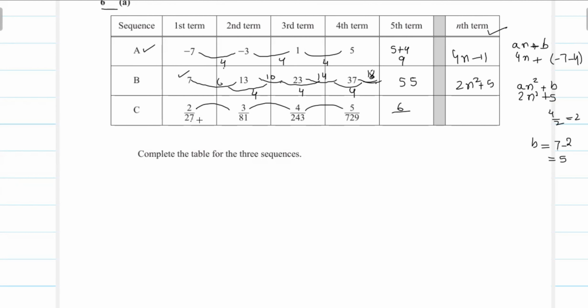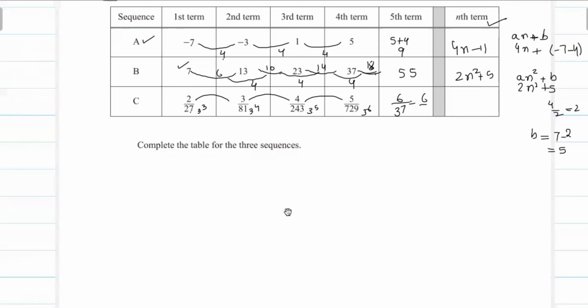Therefore, this is 3 cube, and this is 3 power 4, and this is 3 power 5, this is 3 power 6, and this will be equal to 3 power 7. Therefore, this value will be equal to 6 over 3 power 7, which is 6 over 2187. When you divide by 3, you can get 2 over 729, and this is the fifth term value.